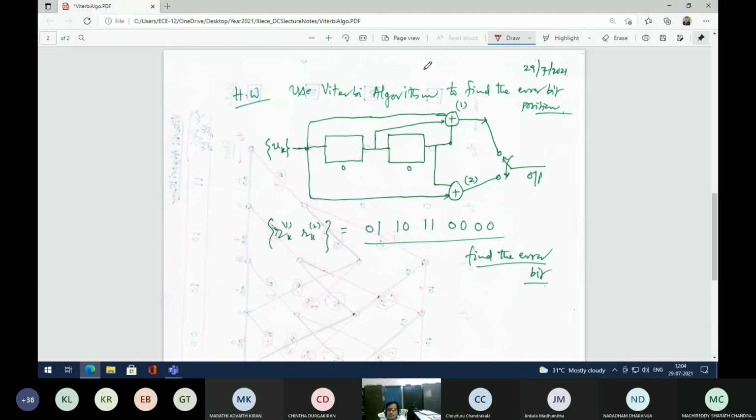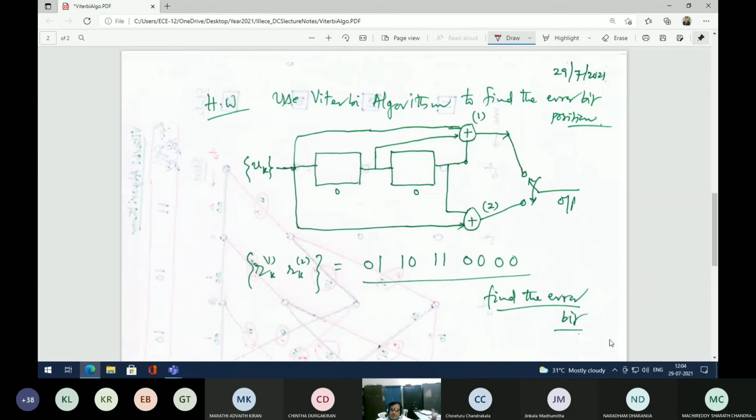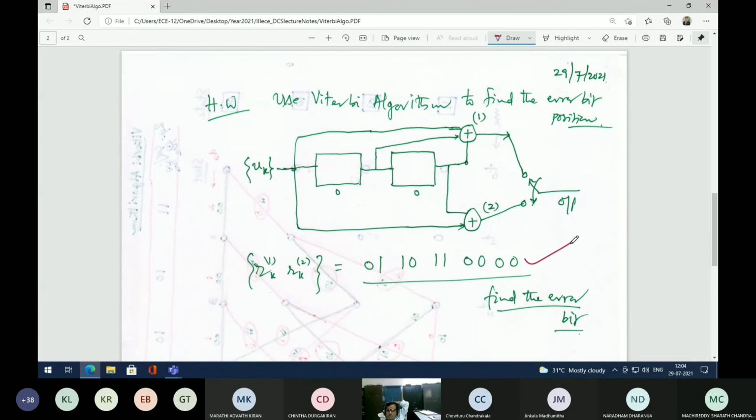You take this problem. Use the Viterbi algorithm to find the error bit position. How many errors, and the error bit position, for this particular diagram? And this is your received bits. Having known these received bits, draw the trellis diagram for this with the possible values.